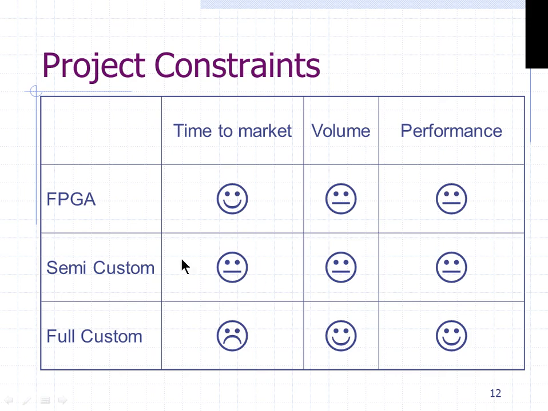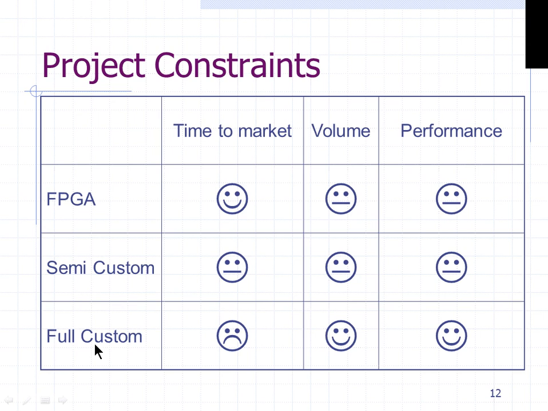It doesn't give you a lot of advantages either way. For full custom IC design, time to market is the worst. It will take a very long time to design the chip, and so ultimately it will take more time to launch the chip in the market. But from a cost per chip and performance perspective, it's the best. The lowest cost per chip will be under full custom IC design.